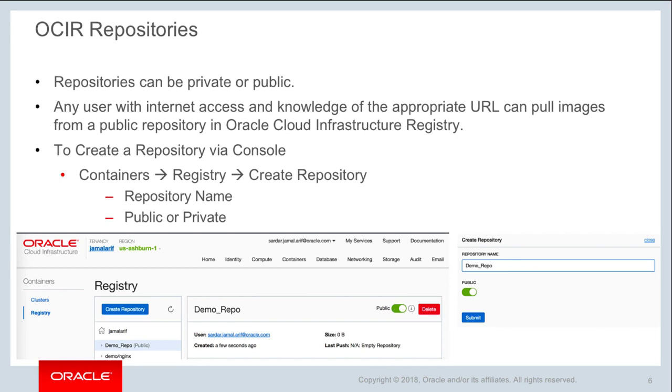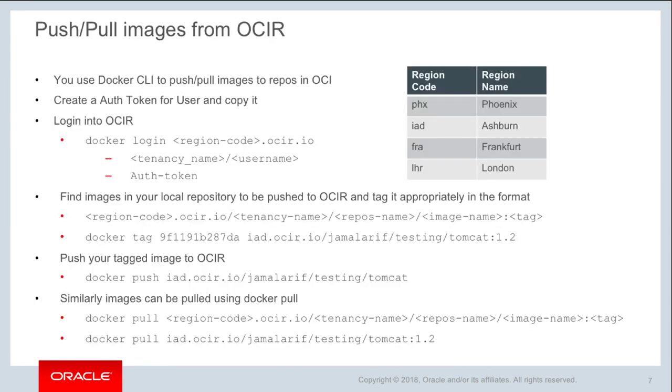It's also a regional service, so you can create a repository in all the different regions of OCI. Once the repository is created, you can use standard Docker V2 APIs or CLI to push or pull images to the OCI.